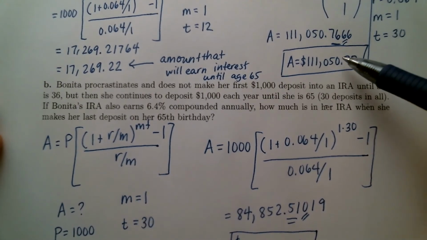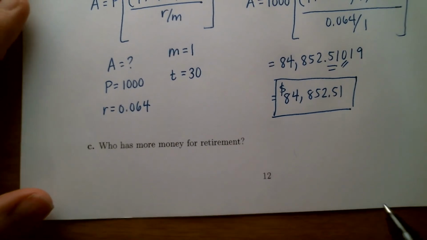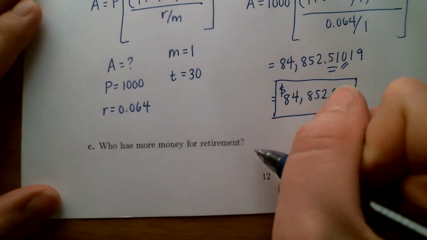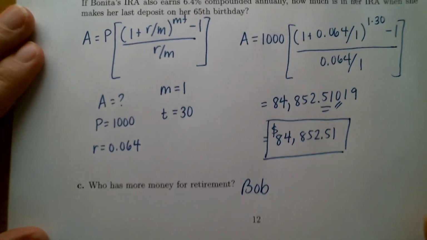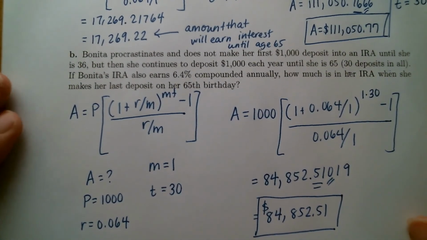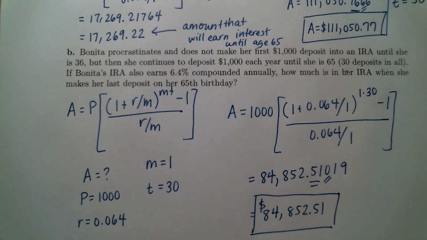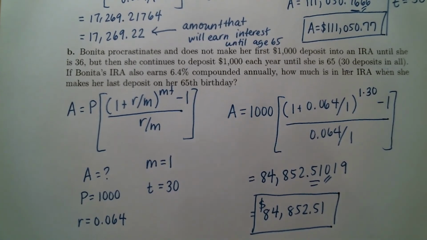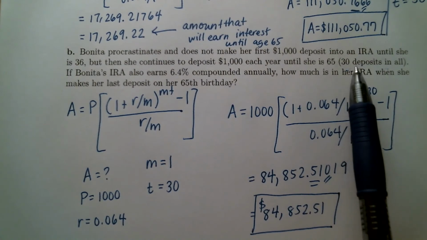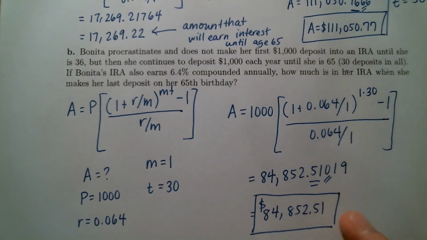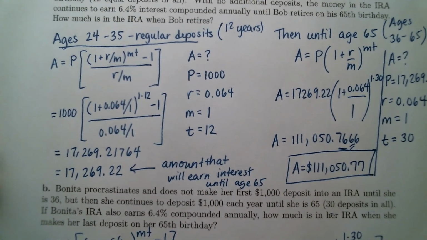This is how much Bob has at age 65. Part C asks who has more money for retirement. The answer is Bob. Notice how much each person contributed. Bonita put in $1,000 every year for 30 years, so she contributed $30,000 out of her pocket.